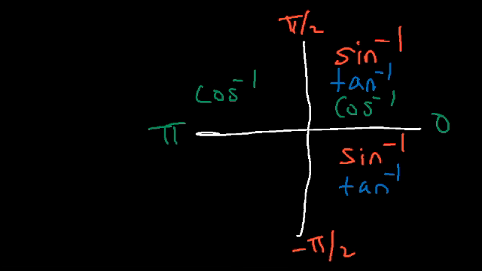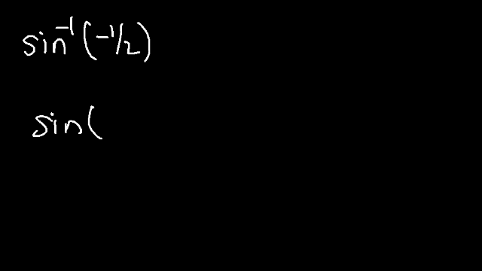So, let me illustrate the importance of that. Let's say you want to figure out what inverse sine of negative 1/2 is. What is inverse sine negative 1/2? Now, we know that sine of, let's say, 210, which is 7 pi over 6, sine 210 is negative 1/2.